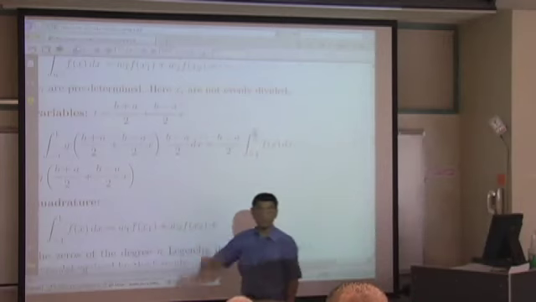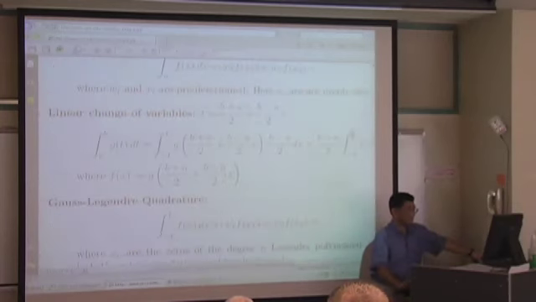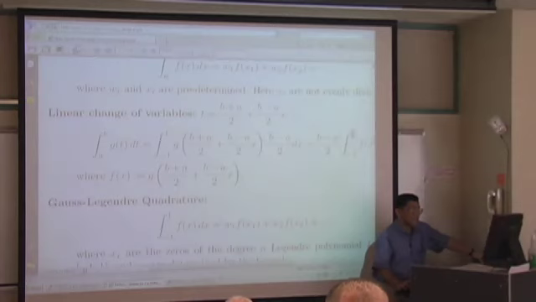It's very straightforward. So I will show you how I did it. First of all, x varies from -1 to 1. t varies from A to B.